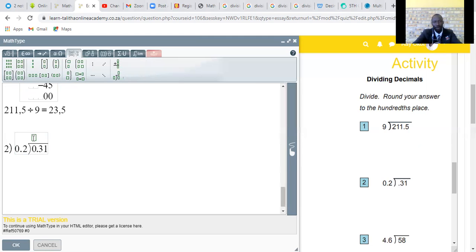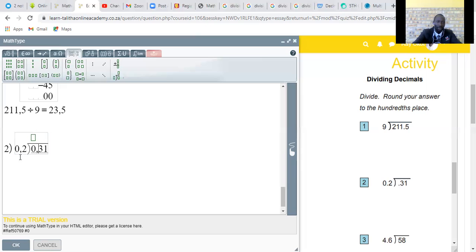Now notice that since we are dealing only with decimal fractions, the first step is to transfer this decimal point. Let me change it this way. We have to move the decimal point from the divisor here to this point here.